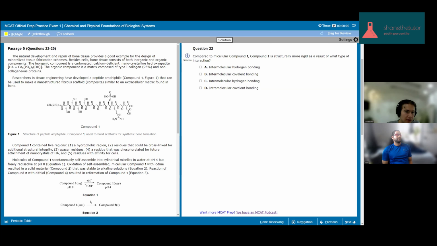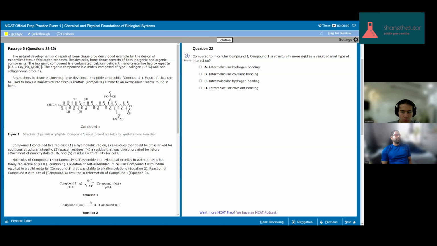The organic component is a matrix composed of type 1 collagen and non-collagenous proteins. Researchers in tissue engineering have developed a peptide amphiphile that can be used to make a nanostructured fibrous scaffold similar to an extracellular matrix found in bone.